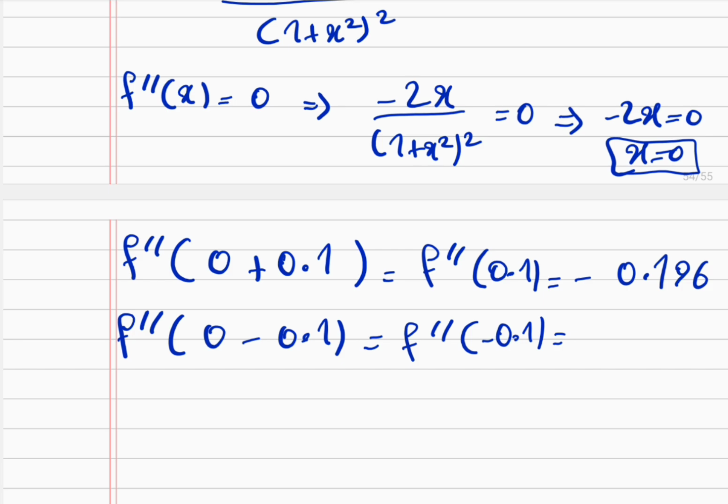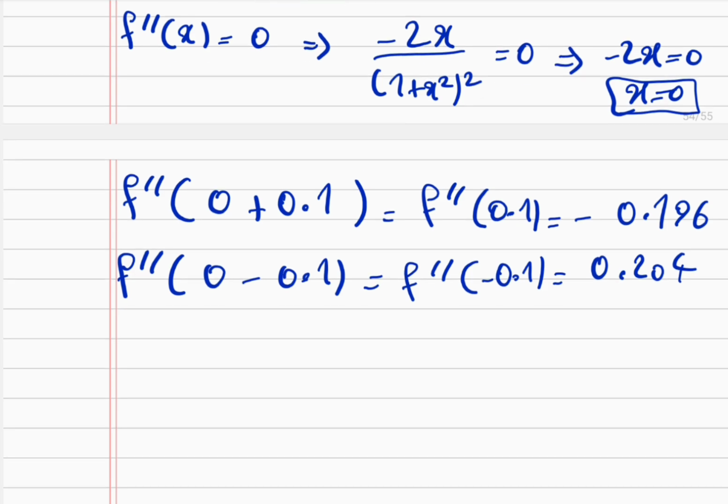And for f''(minus 0.1), we get 0.196, to three decimal places. And this is exactly what we wanted, because one of the values is negative, the other one is positive. So since there is a change of sign, we can conclude that this is the point of inflection.